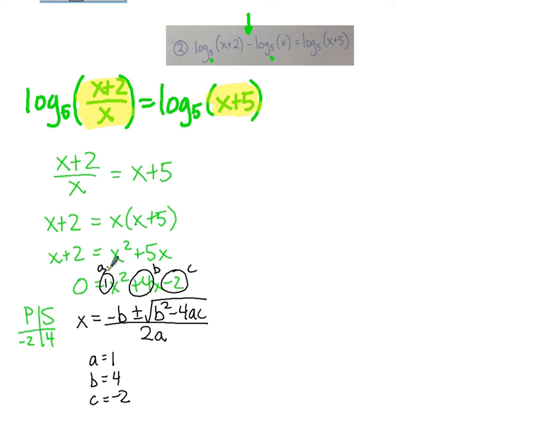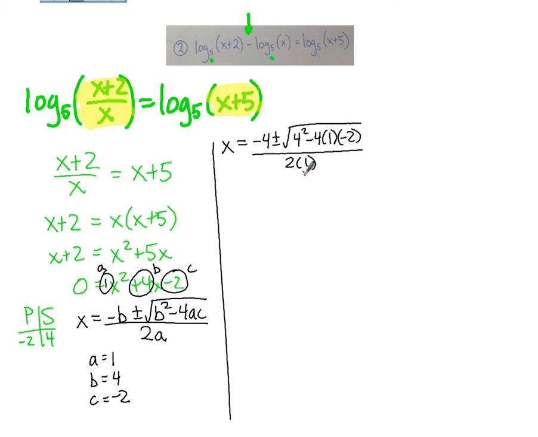So x equals negative 4 plus or minus the square root of 4 squared minus 4 times 1 times c, which is negative 2, all over 2 times 1. x equals negative 4 plus or minus the square root of 16 plus 8, that's 24, all over 2.